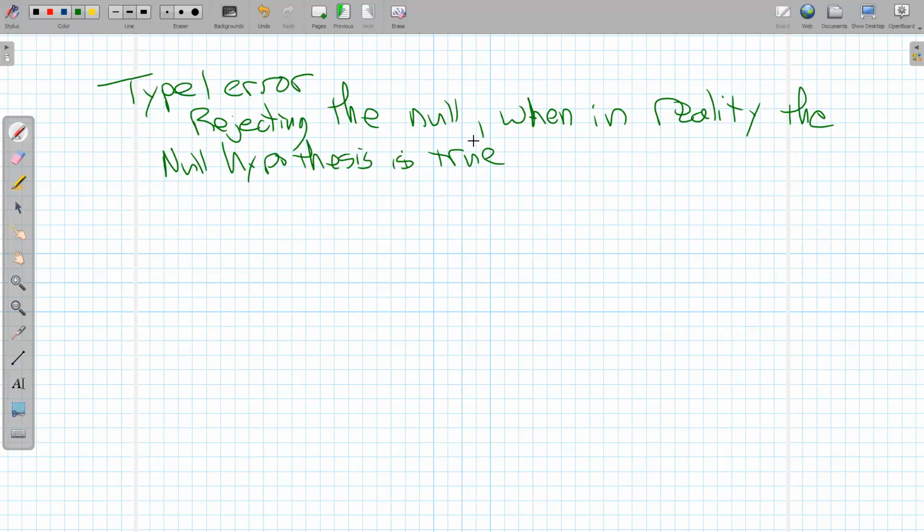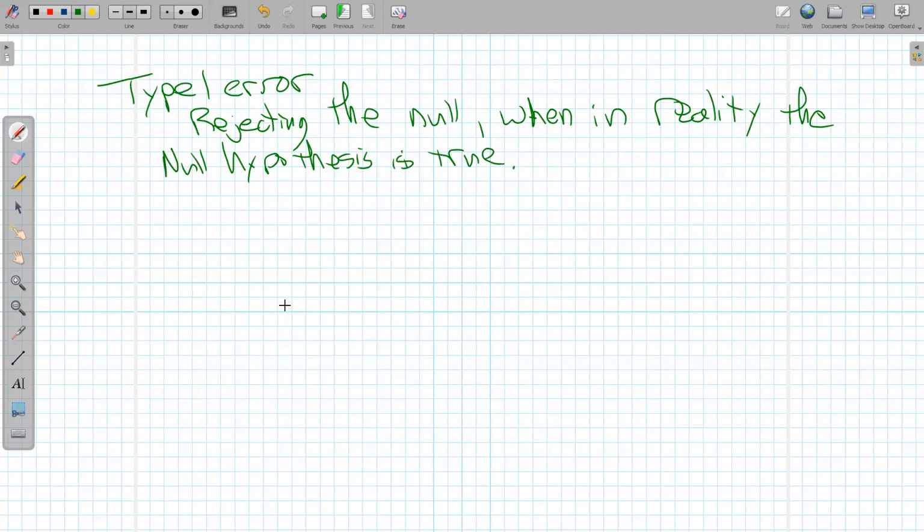And because I am rejecting the null hypothesis, it is possible that I'm making that type 1 error. The probability of making a type 1 error is that alpha. There's a 5% chance that I just made that error because alpha is what I use as the cutoff to say what's significant and what's not.